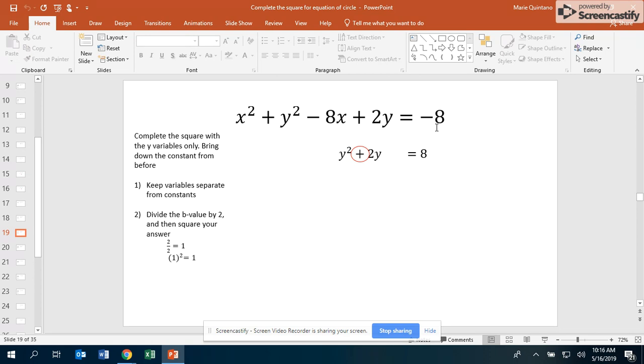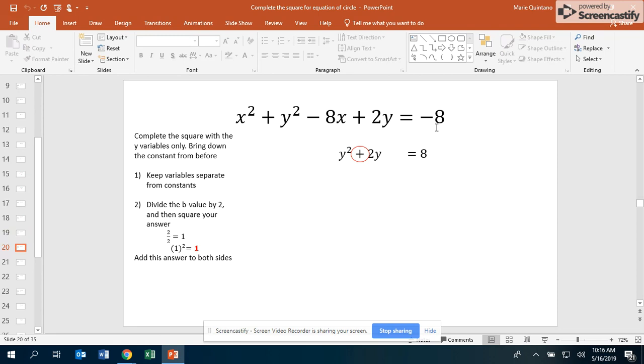2 divided by 2 is 1. 1 squared is still 1. We add that to both sides. Both sides maintains the balance. I can factor the left now. What two numbers multiply to 1 and add to 2? 1 and 1.